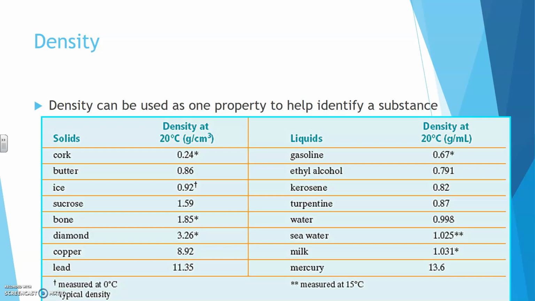And another thing to look at here is we've got the density of ice, and over here we've got the density of water. You'll notice that water, the liquid form, is denser than ice, the solid form. That is actually a relatively unique property to water.